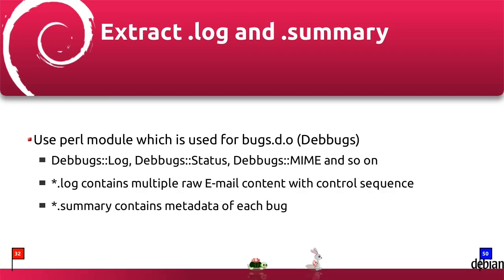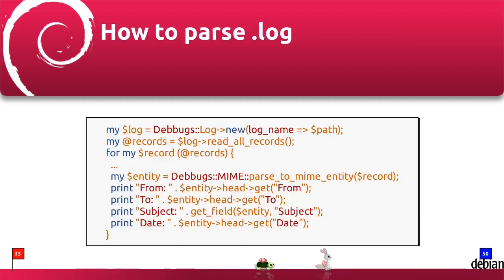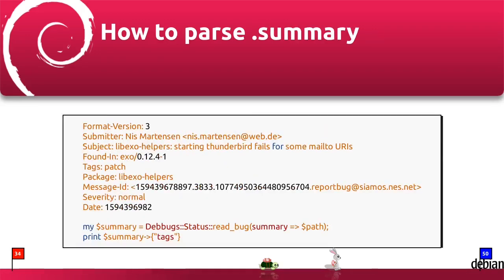There are many Perl modules to handle bugs or related pieces of stuff. For example, raw and mail module is used to parse log file. Status module is used to parse summary file. You can access these bugs metadata.